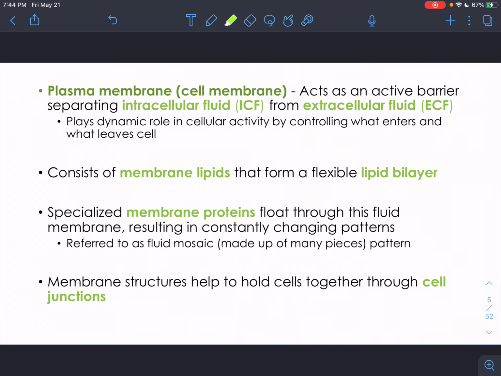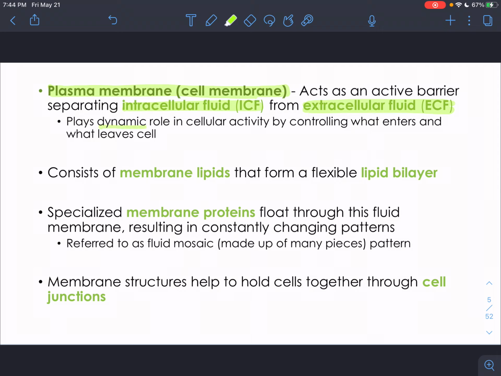And again, like I mentioned earlier, the plasma membrane or cell membrane is what's responsible for separating the inside, the intracellular fluid, from the outside, the extracellular fluid. Okay, and it's really important for cells to have this membrane so they can control their internal environment. Okay, so the plasma membrane is really cool.